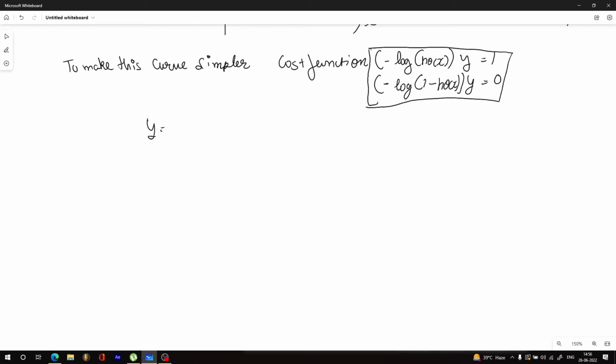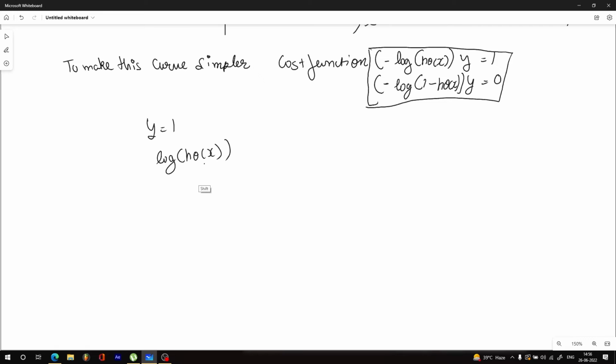Let's say we have y equal to 1 here. I cannot prove it in front of you because it will take time, but I'll show you how the graph will look if you apply this.